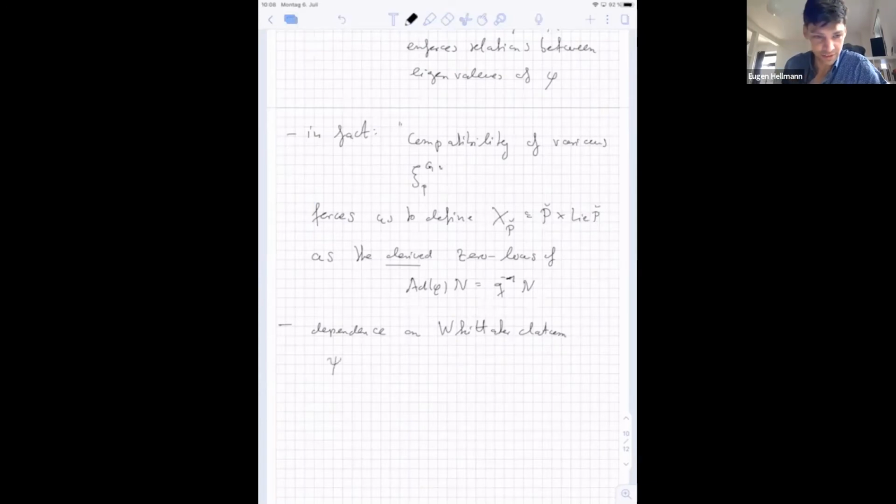So what is this Whittaker datum psi? It's the choice of a generic character, generic really in a technical sense, which maybe I'm not going to define, of n, where n in B is a unipotent radical.